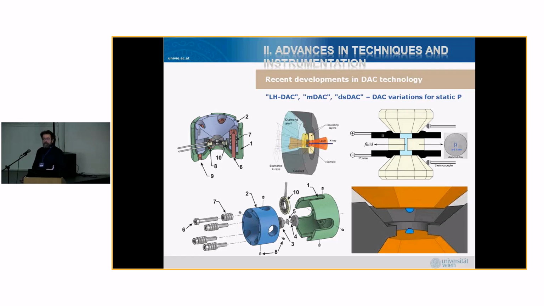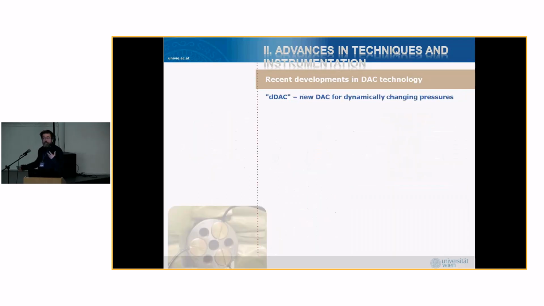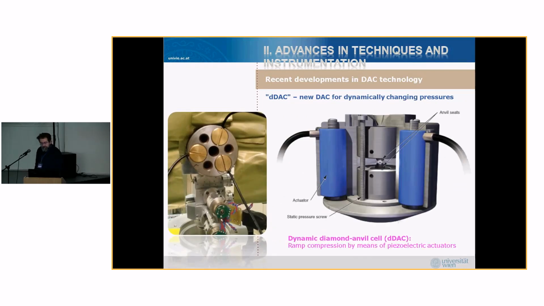But this is just the materials I was showing you, the anvil materials, that's getting better, but there are also a lot of new changes, for instance, with using split gaskets for some special measurements that you can use, or even with getting the diamond anvil cell itself improved.